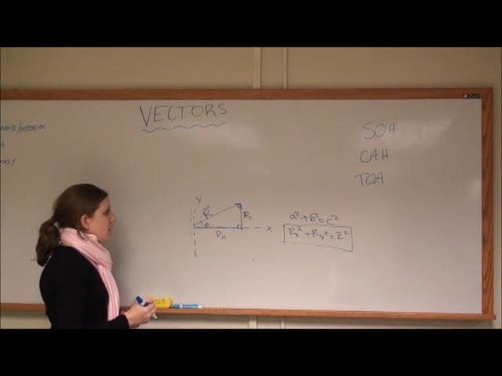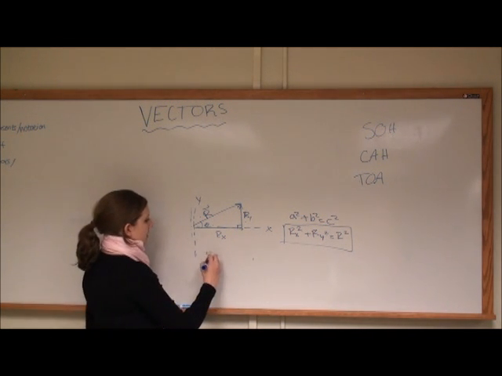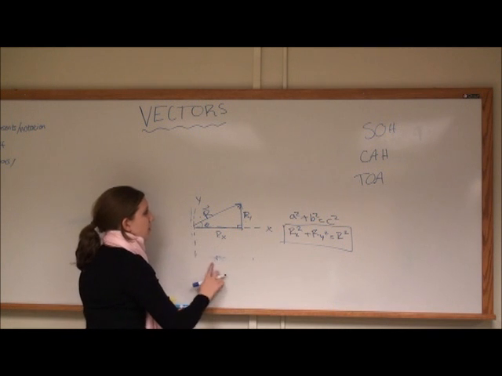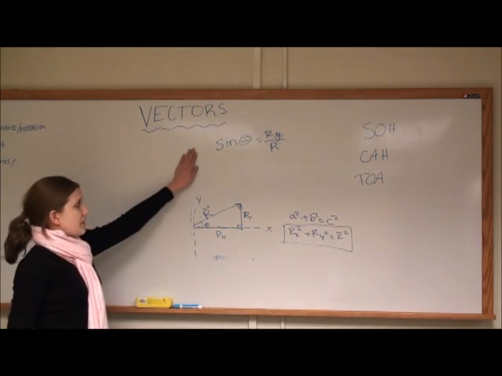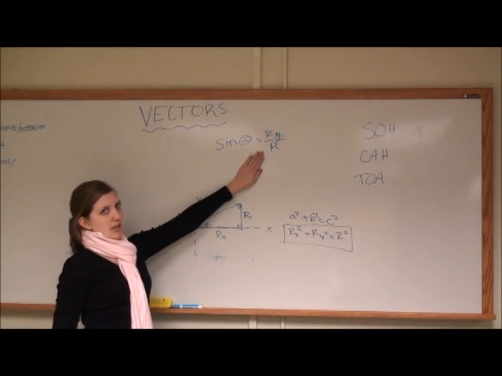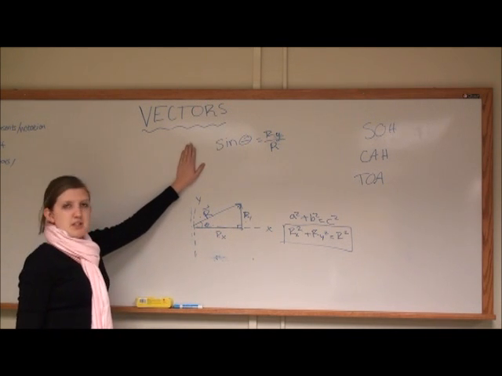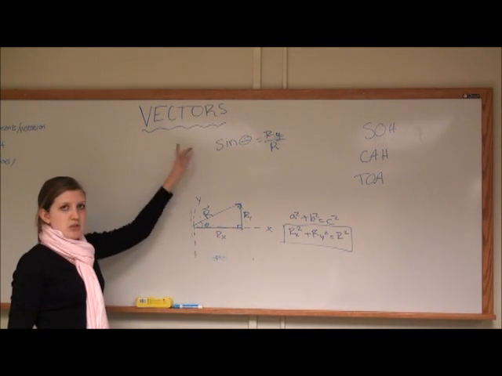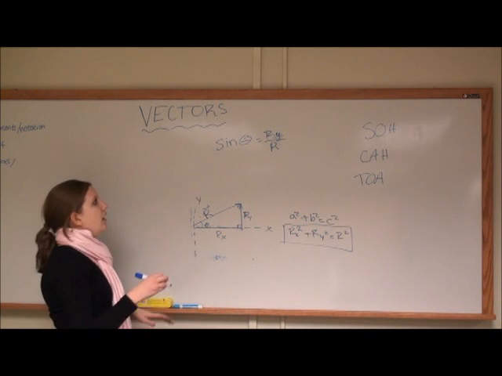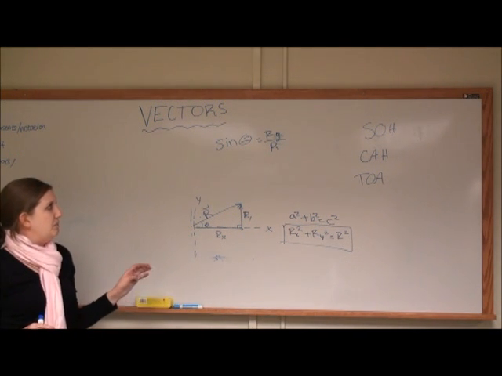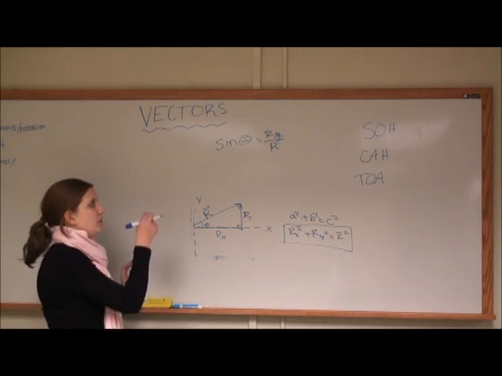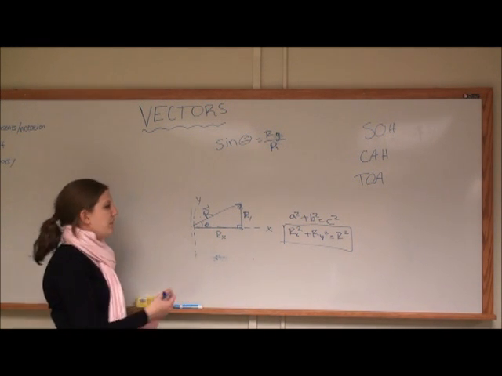So we know that the sine of theta is the magnitude of Ry over the magnitude of R. If you need to find theta, you can use the inverse button on your calculator. If you need to find Ry or R, you can do a little bit of algebra and solve for that.